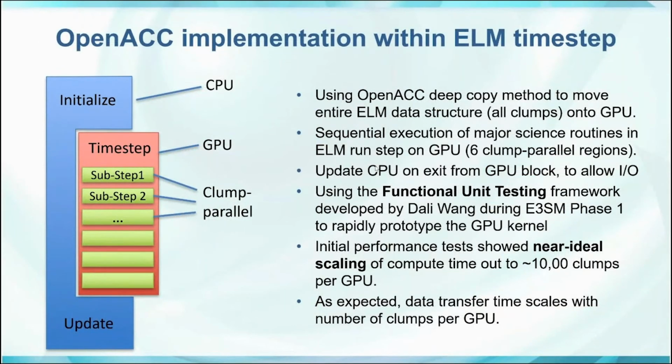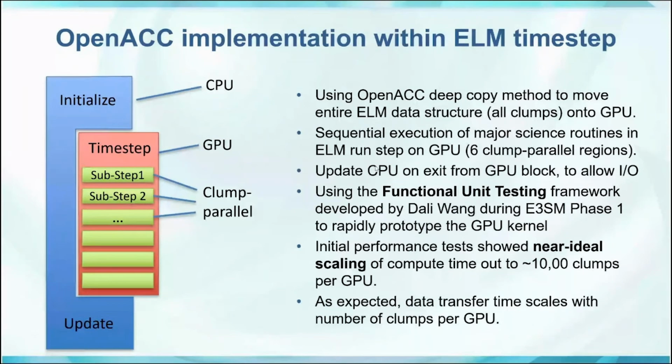So to make this even a little bit more explicit, within a single run, all the initialization and reading of surface data sets and so on is happening on the CPU at the node level, in the same way that it does in a regular MPI ELM offline simulation.